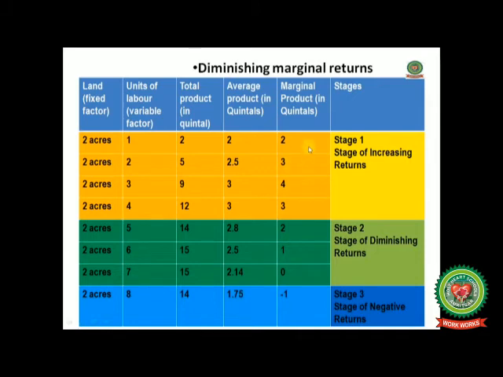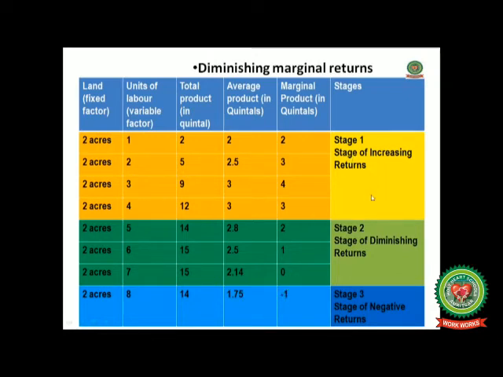The marginal product also will increase till the 3rd unit of labor, and after that it will continuously decline; at the 7th unit of labor it will equal 0. And if the employer employs one more laborer, that is the 8th laborer, then the marginal product, meaning the additional output, can be negative.